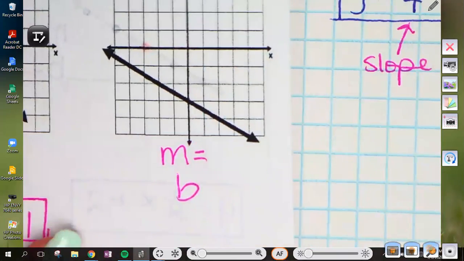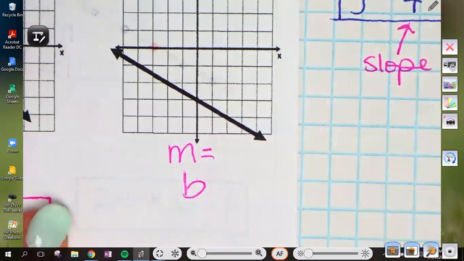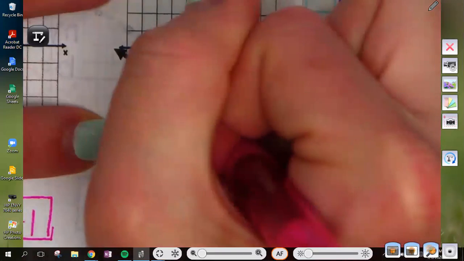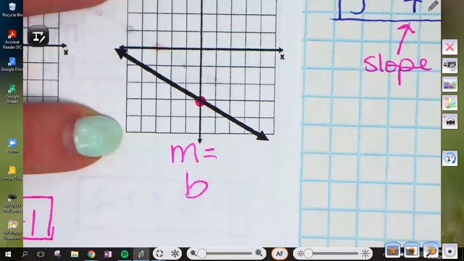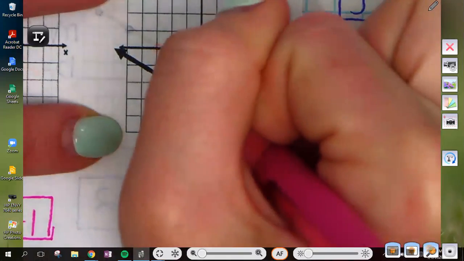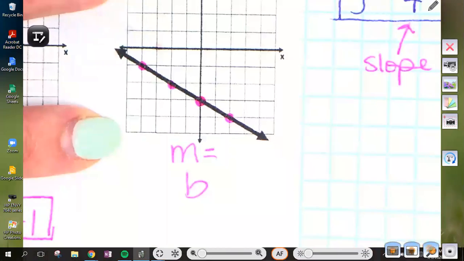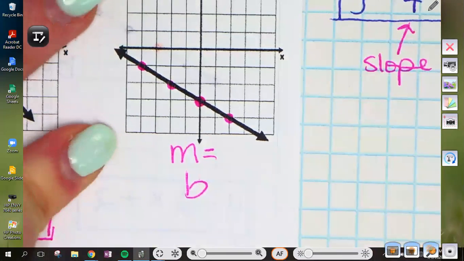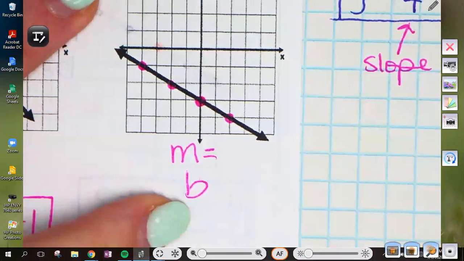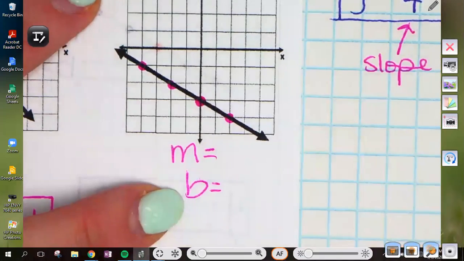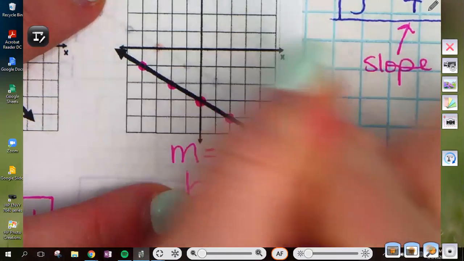All right, last one. We have our points. I'm going to look and see where all they intersect. That looks about right. Okay, what is my y-intercept? -3.